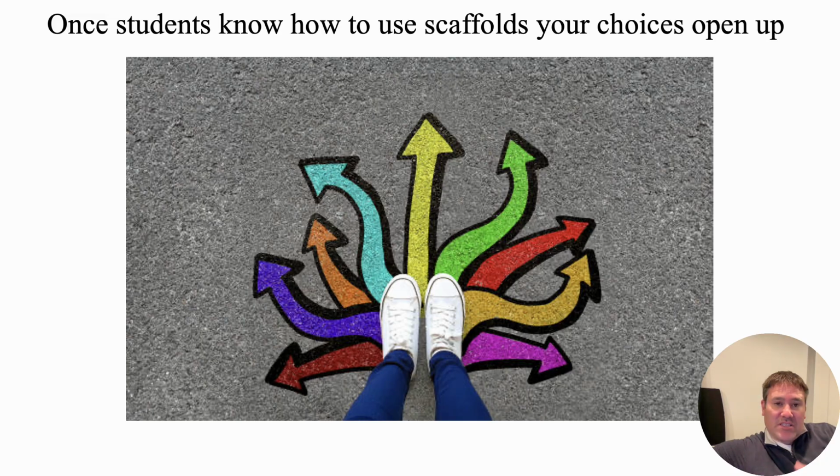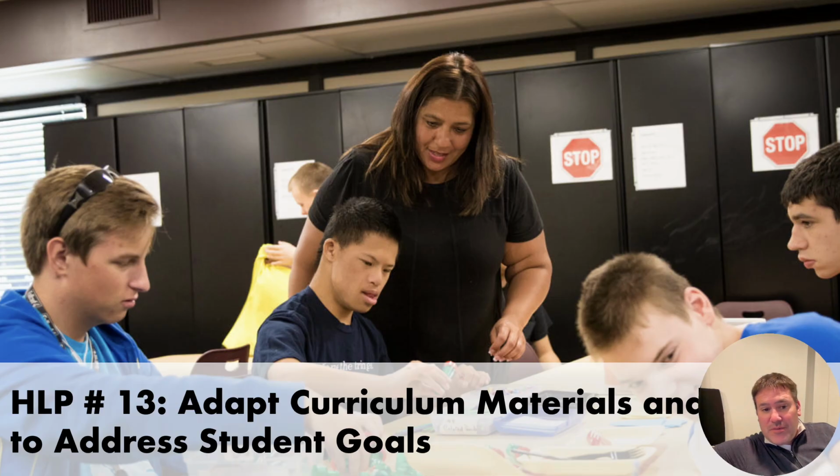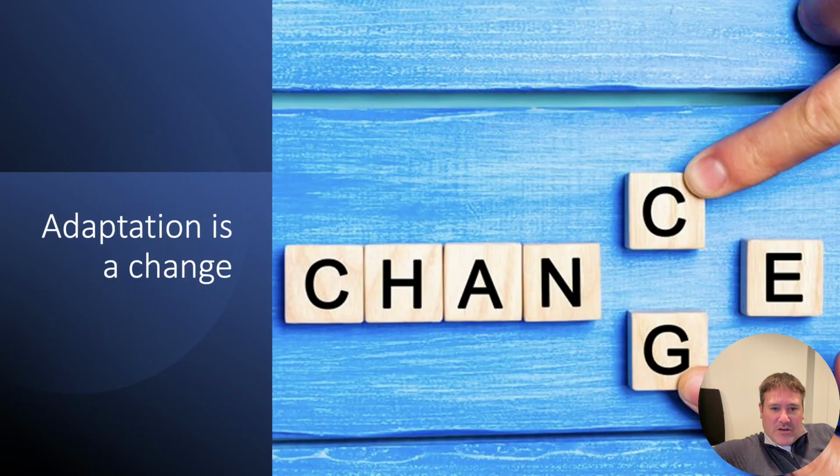So once the students have received high quality instruction with chances to practice and receive feedback, then your choices open up for how these scaffolds can be used. Let's say just a couple words about high leverage practice 13, to make adaptations to curriculum materials.